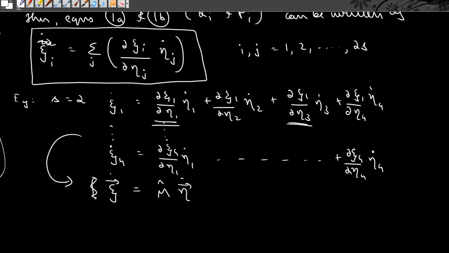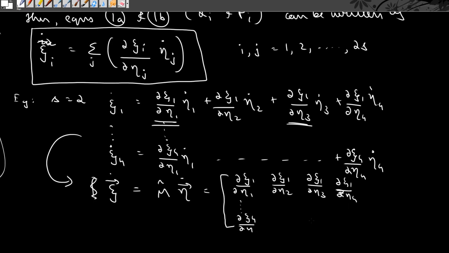So what I mean is that this should be equal to, in this case, dou psi 1 by dou eta 1, dou psi 1 by dou eta 2, dou psi 1 by dou eta 3, dou psi 1 by dou eta 4, up till dou psi 4 by dou eta 1, and so on, dou psi 4 by dou eta 4, times eta 1 dot, eta 2 dot, up to eta 4 dot.